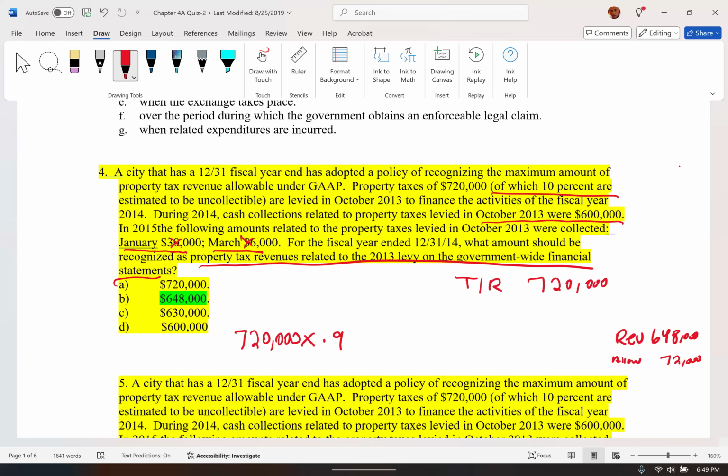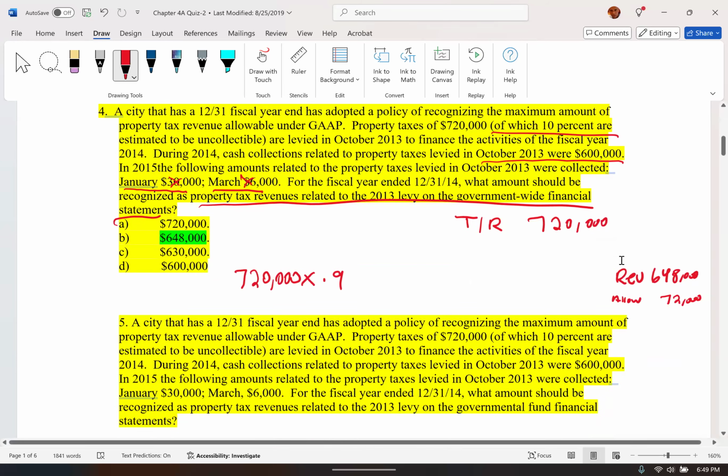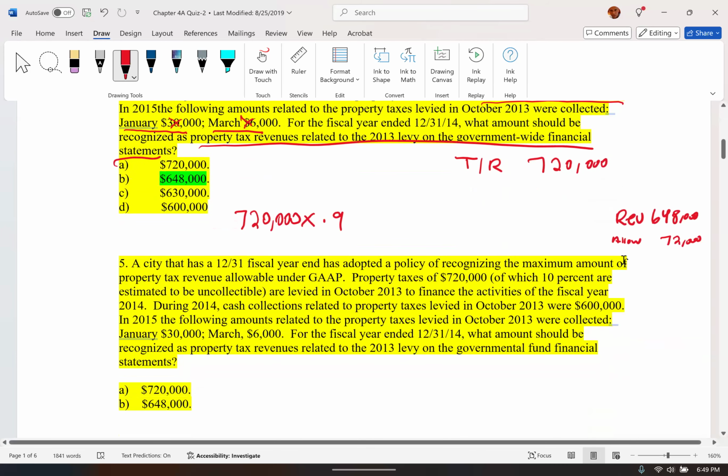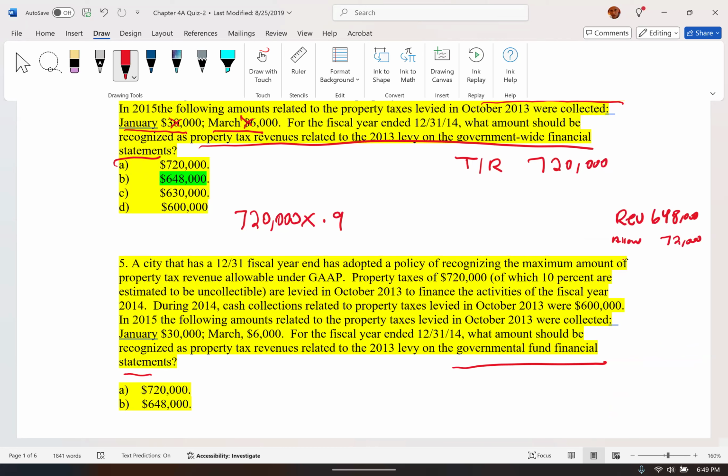Okay. Now, when you look at the next question, same facts, but now I'm asking about governmental funds. So now the 60 days matters, doesn't it? Now I have to look at, and the way I would do this, let's just look to see when they collect the money. So 600,000 is coming in 2013, so certainly it's coming within 60 days, because it's for 2014.